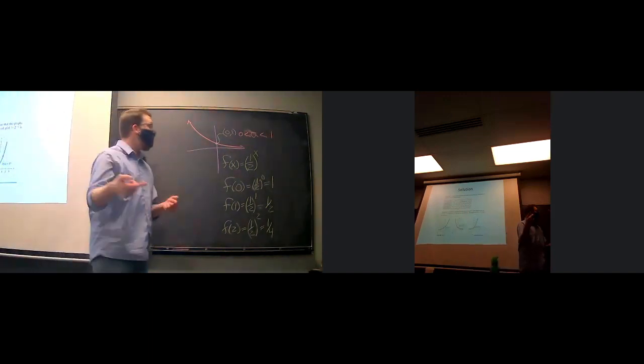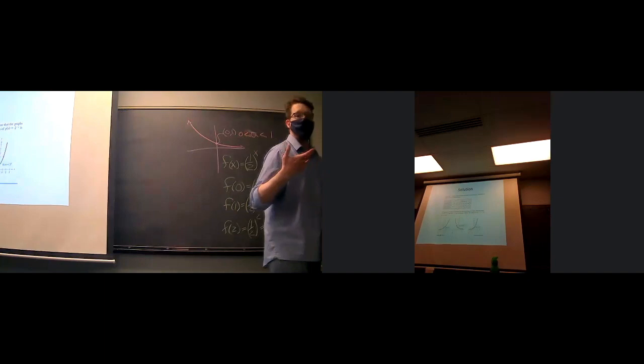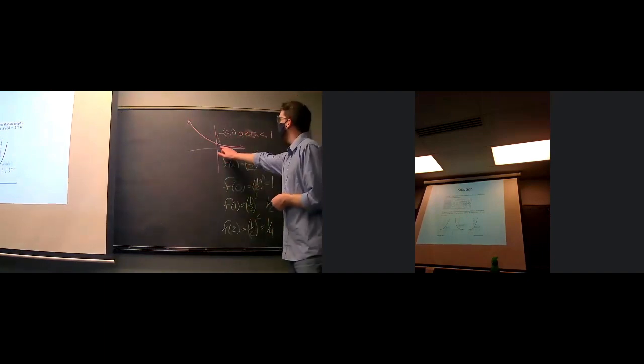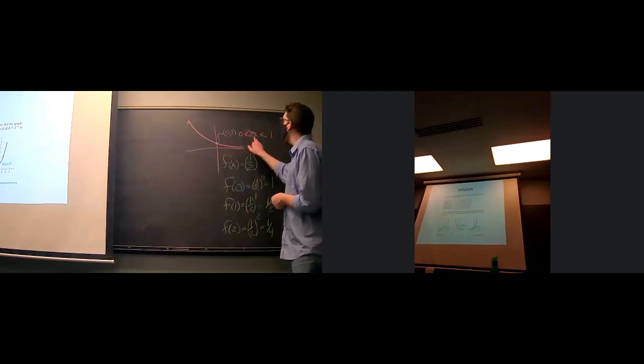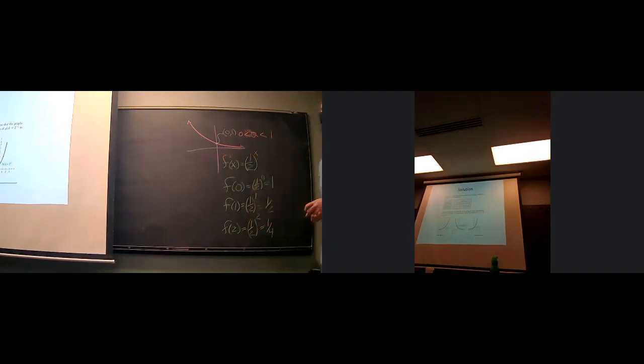And if we move in the negative direction, it's going to grow. So we have what's called exponential decay here. Anytime A is between 0 and 1, we have a graph that's going to look something like this.